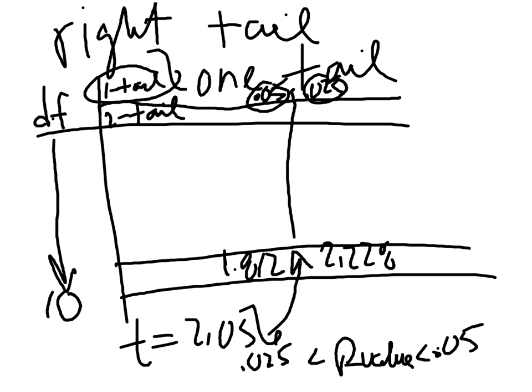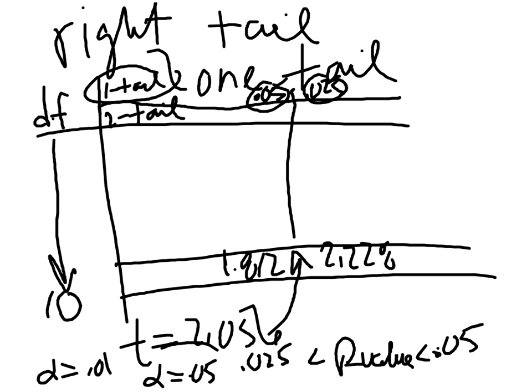So what does that mean? Well, it means that if we had an alpha of 1%, we would not reject the null hypothesis. But if we had originally set the alpha at 0.05, we would reject because we know that our p-value lies between 0.025 and 0.05, and it's less than 0.05.